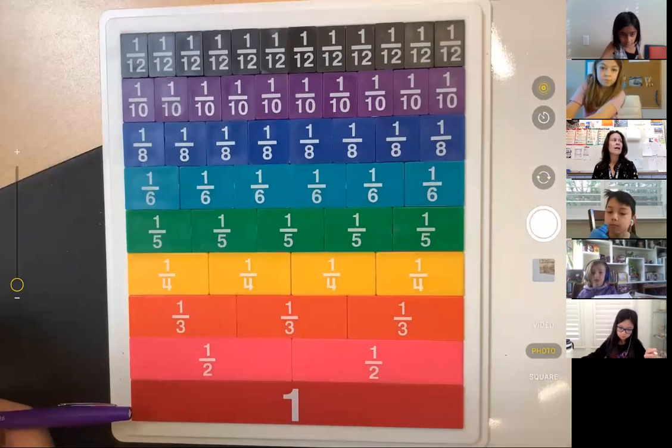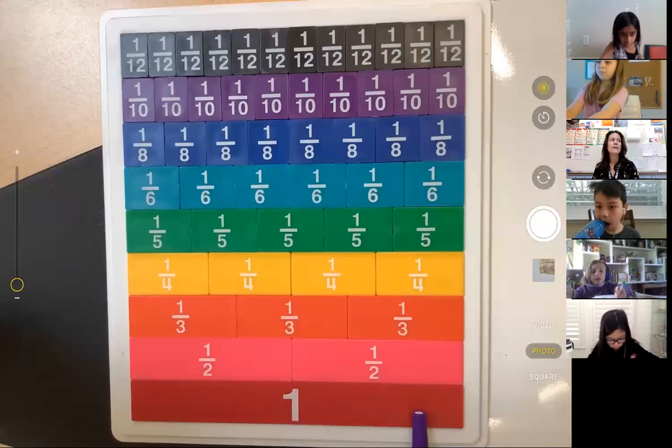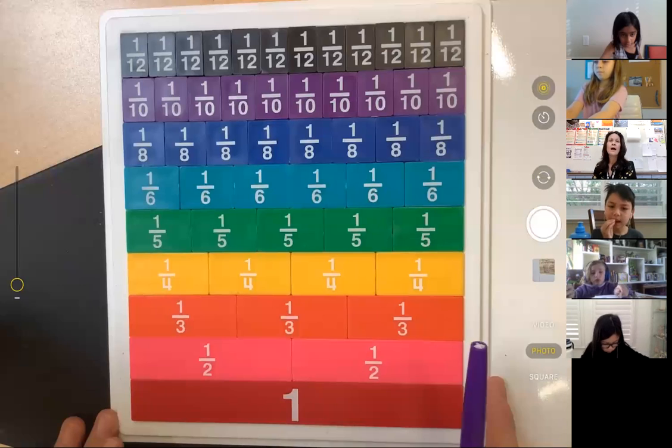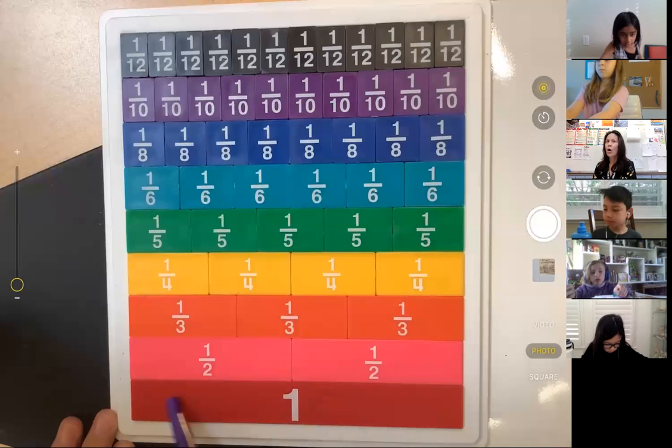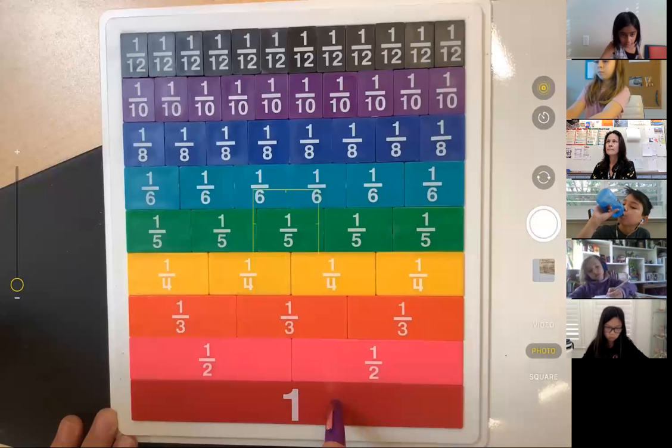You can see, for example, that we have one bar here, right? This is the whole, friends. This is the whole that we're looking at right now. But I also want you to consider that everything you see above this whole, these are different ways to describe this whole.